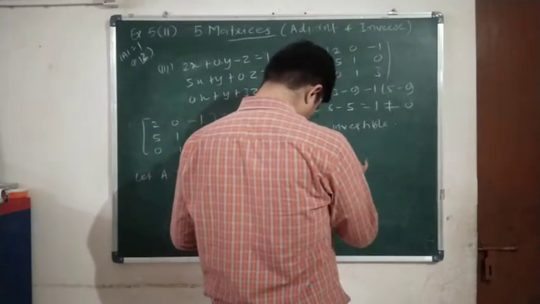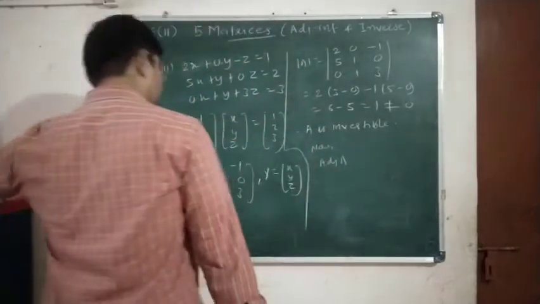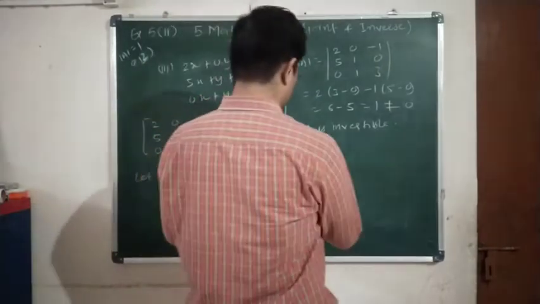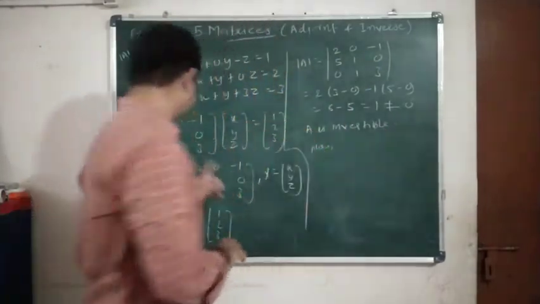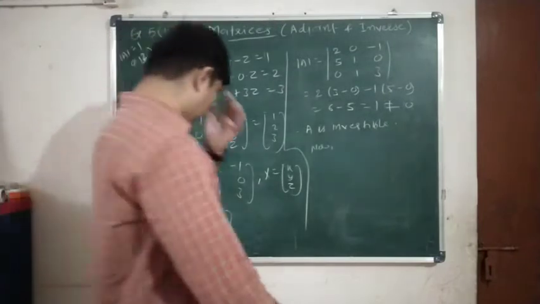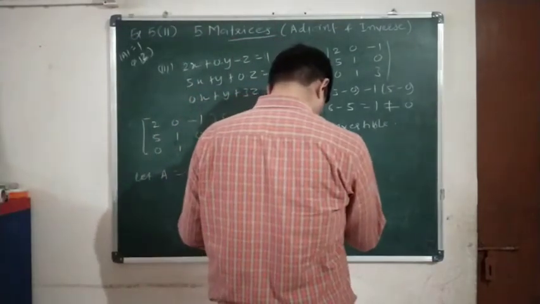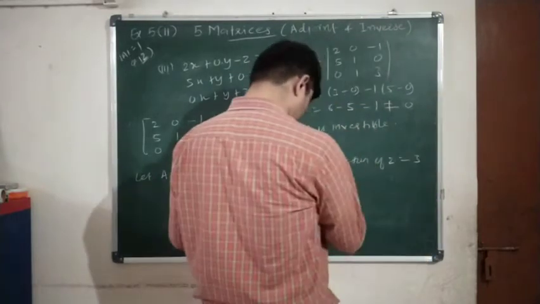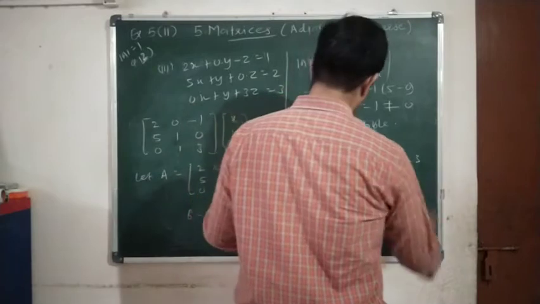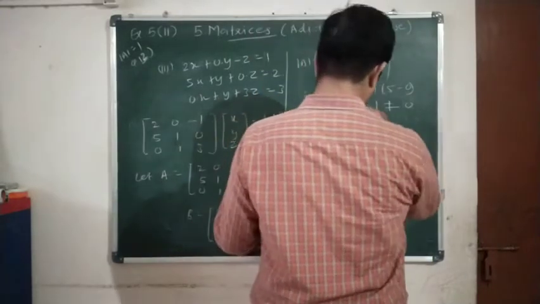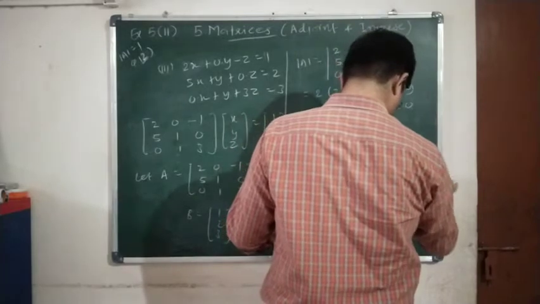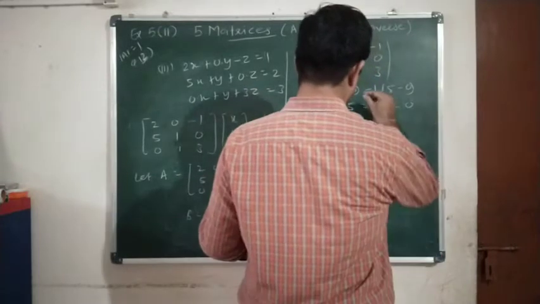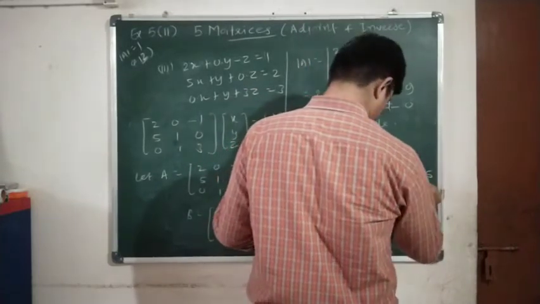Okay, now adjoint of A. In order to find the adjoint of A, we need to find the cofactors of each of the 9 elements in matrix A. So cofactor of 2 will be 3, cofactor of 0 will be 5 3s are 15, that will be minus. Cofactor of minus 1 will be 5 1s are 5, plus.